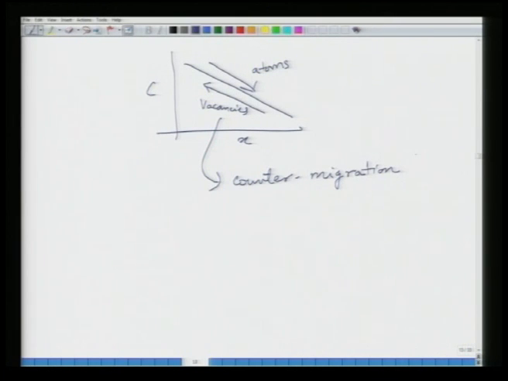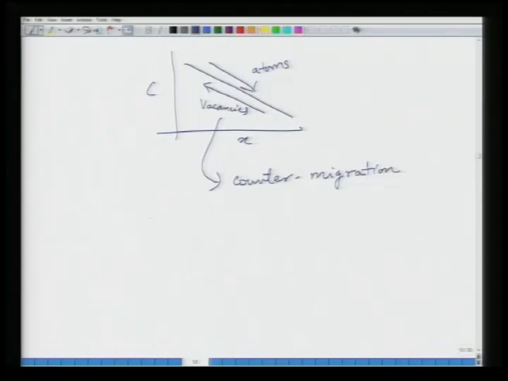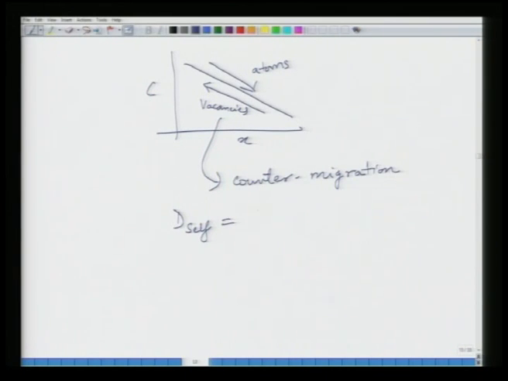So, in such cases what happens is that the diffusion coefficient also depends upon the number of vacancies which are available. So, in such a case, if you take the number of vacancies being relatively much smaller as compared to the number of atoms, diffusion of these atoms, D self, can be thought of as the proportion of vacancies or number of vacancies multiplied by the diffusivity of vacancy, the diffusion coefficient.